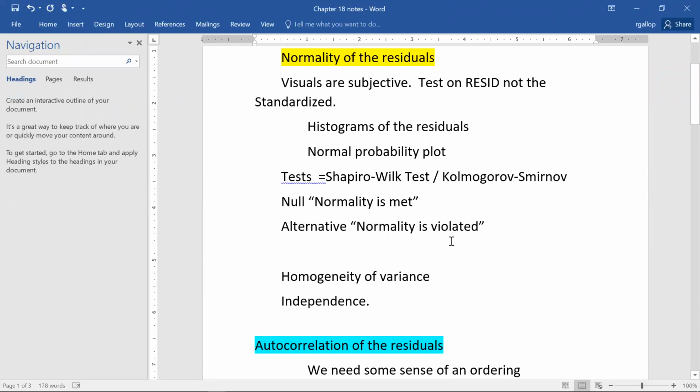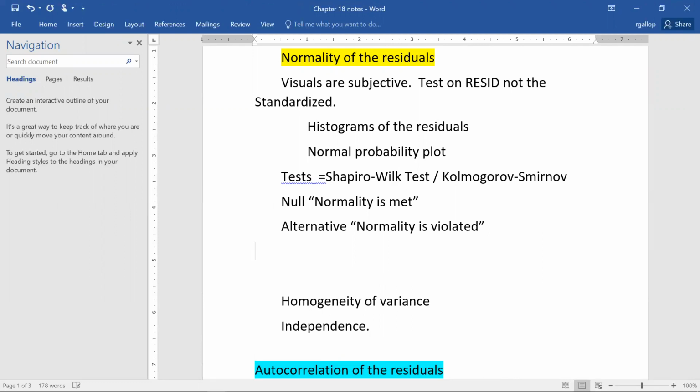So we've got to keep that in mind in these situations. This is almost like Levene's test of homogeneity of variance.